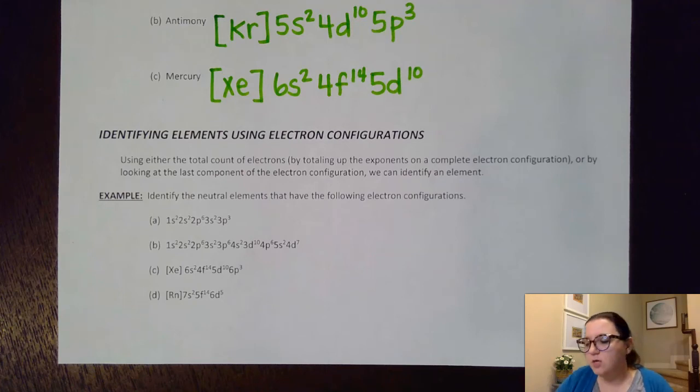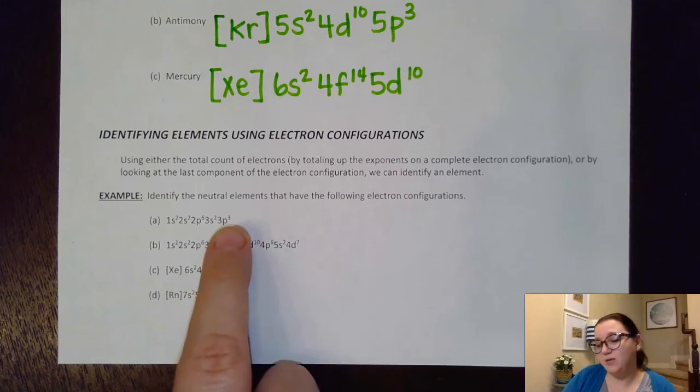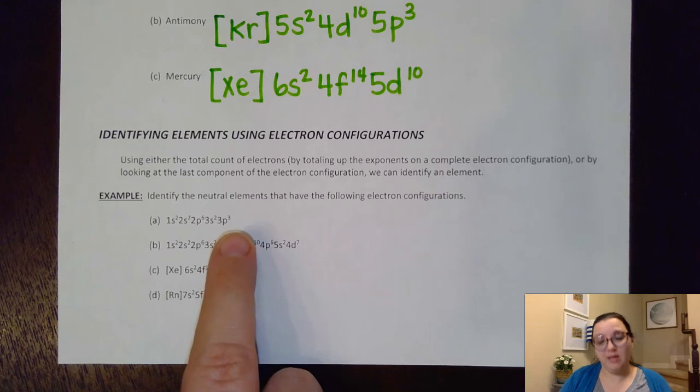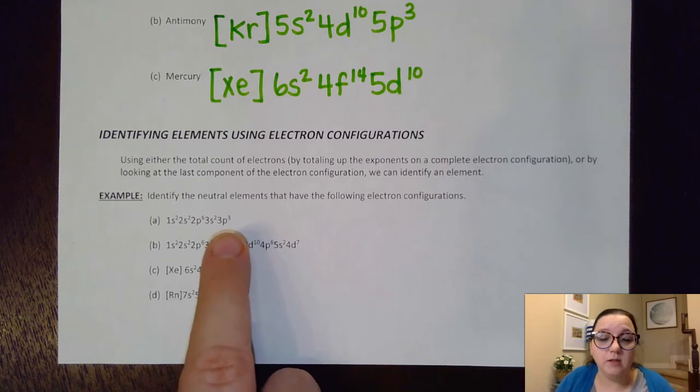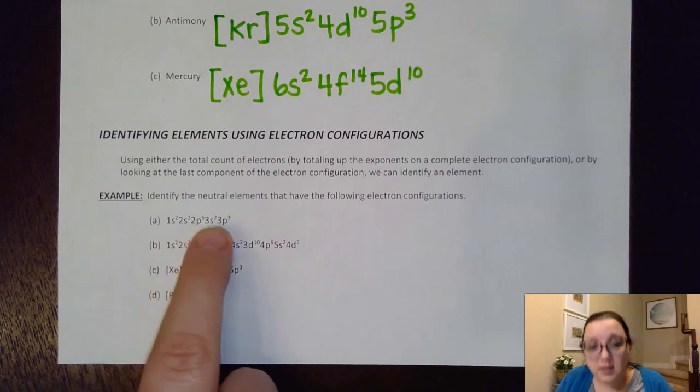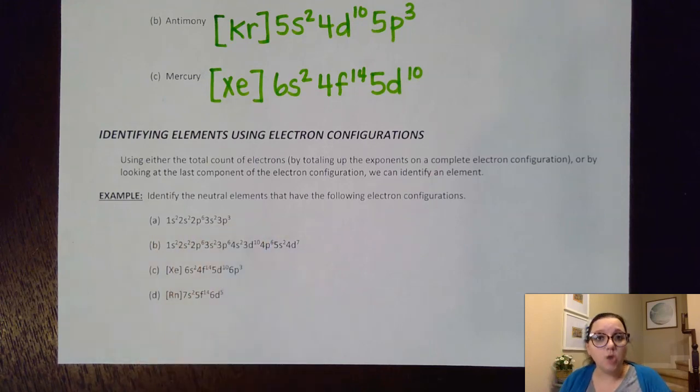then often you can look at the very last subshell and figure out where in the pattern that fills up at, okay? And match it up then to whatever element that might be. But the other way you can do this is how we've been double checking some of these. You could add up all of your exponents, see what that total is, and see what element has that many electrons. Both methods work.